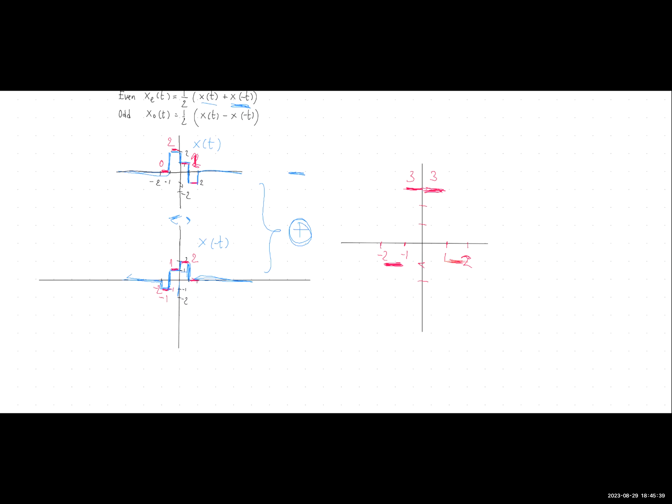Okay, so when I have these lines, I'm going to connect the lines together. Because they have been 0 all the way, they're going to remain 0 here too. Therefore, this is going to be our x(t) plus x(-t).